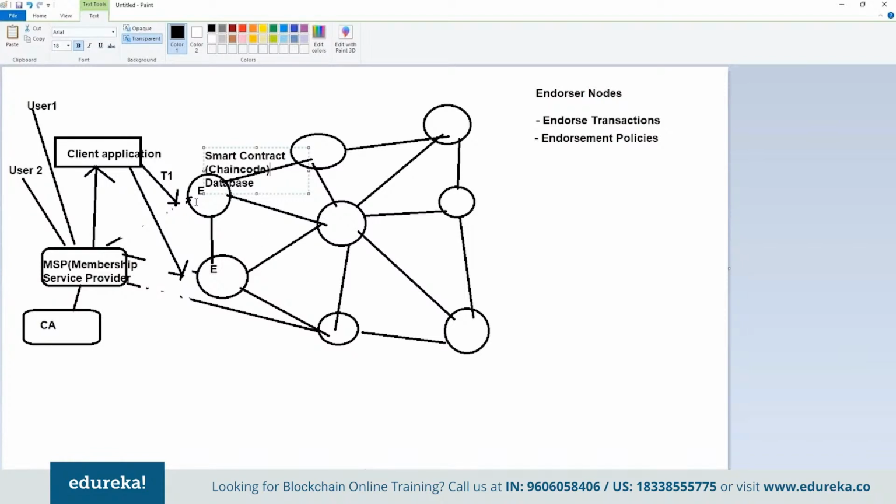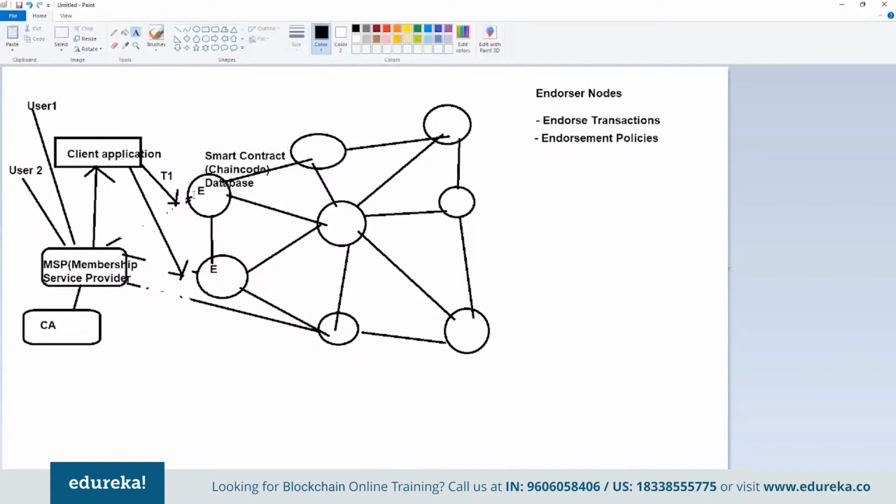So what the endorser will do is run the smart contract on this transaction. It will see whether this is a valid transaction or not. For example, if there is a land sale request, it will check from the existing database whether this land is qualified for the sale or not, whether the price mentioned in the transaction is the valid price for that particular land or location, whether it is eligible to be sold, whether it is an industrial land or a domestic use land.